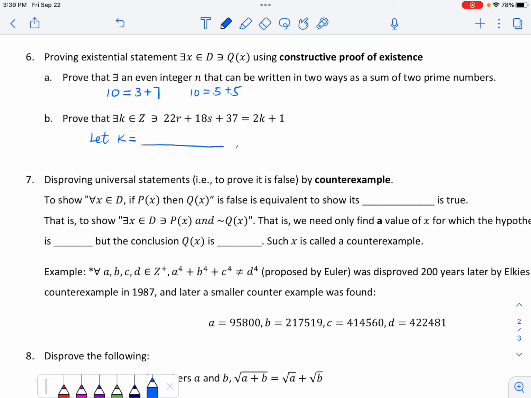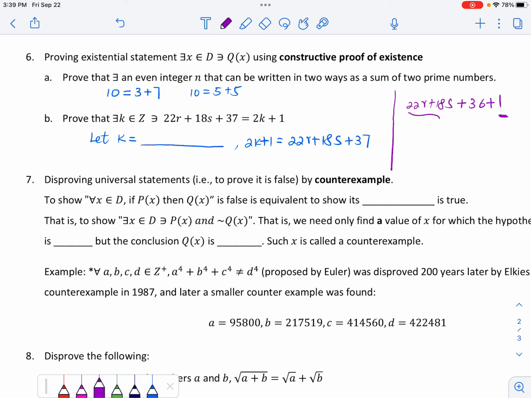And then you want to show that 2k plus 1 will get to what's given, right? 22r plus 18s plus 37, that will end up being 2k plus 1. So what is the k? Actually, on my scratch paper, I'll try to do this. 22r plus 18s plus 36 plus 1.